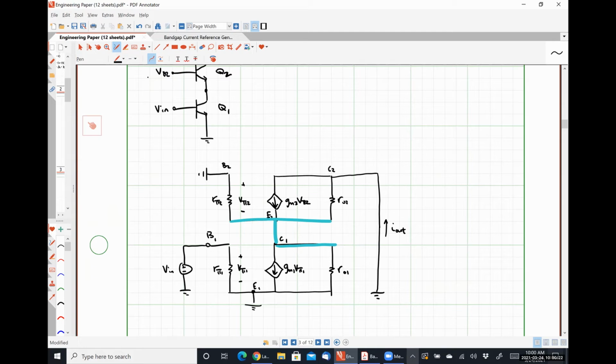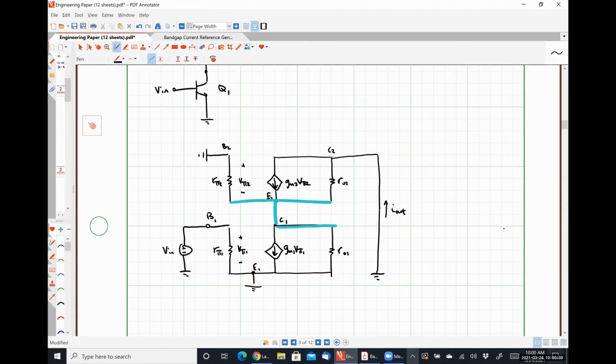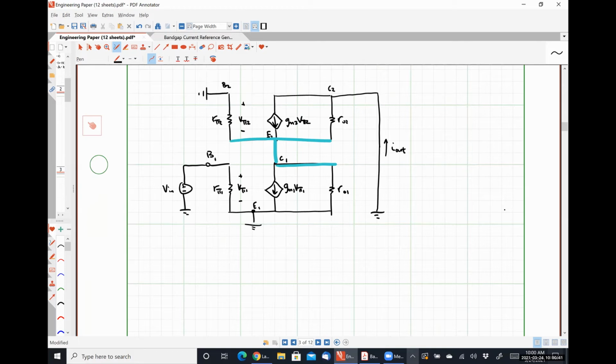R pi 2 is between that node and ground, as is r naught 2, as is r naught 1. So all three of those resistances are in parallel, which lets me redraw this in a little less horrifying form.